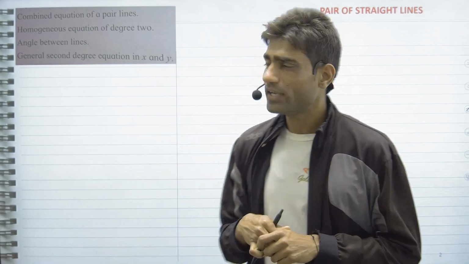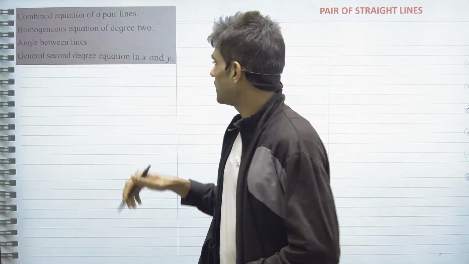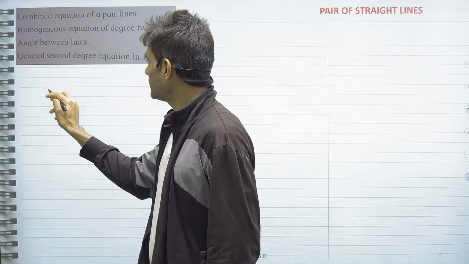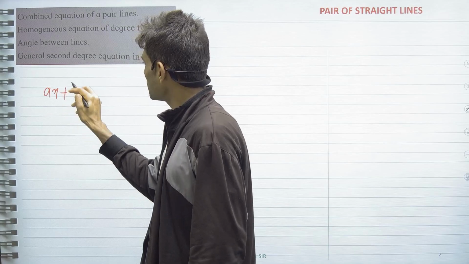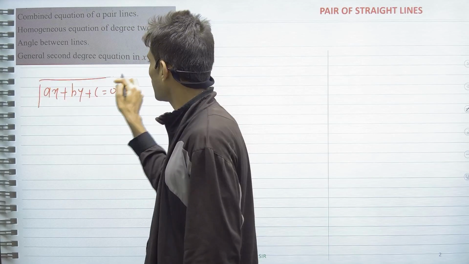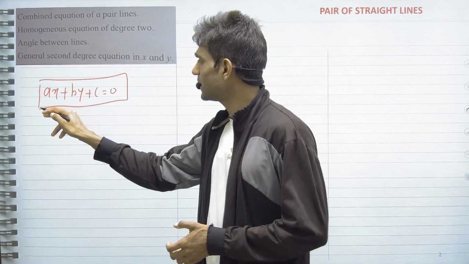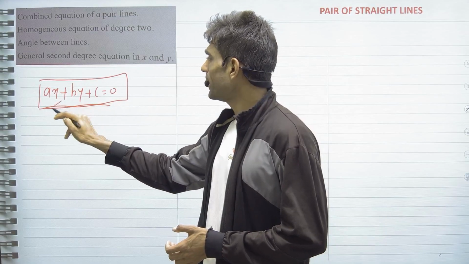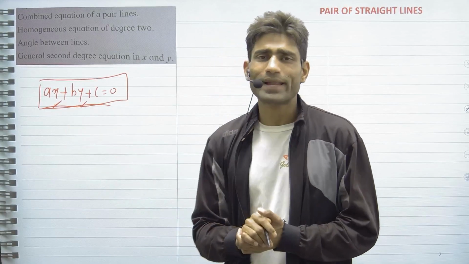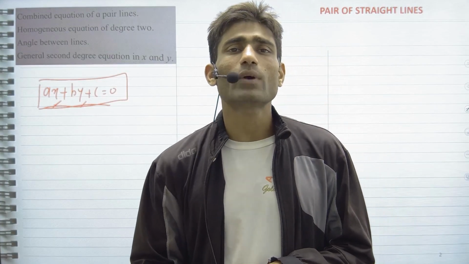In our x and y plane, the general form of a line says that when we have the equation ax plus by plus c equal to 0, with the involvement of x and the involvement of y, this equation represents a line in our xy plane.